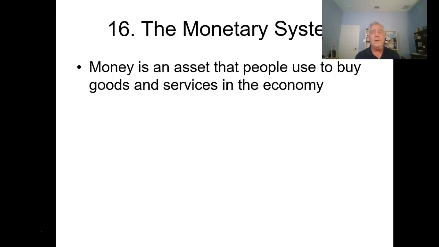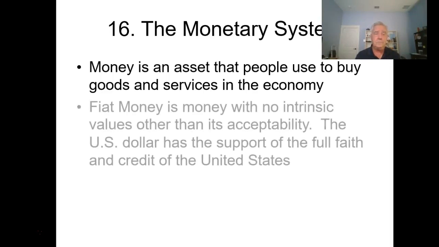So remember, money is an asset. The more money you have, the more assets you have. You use that money to buy goods and services in the economy, to accumulate wealth, to buy fancy things, Fords, Mercedes, Maseratis, whatever the case may be.